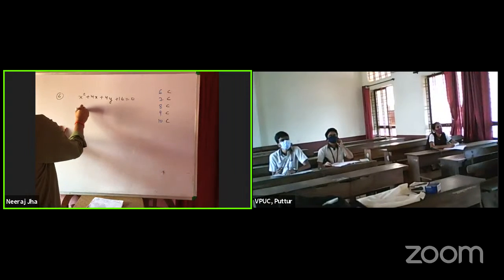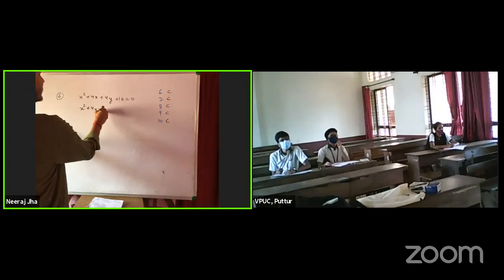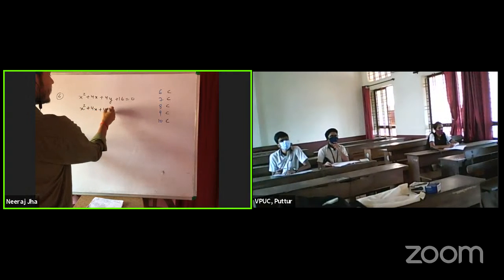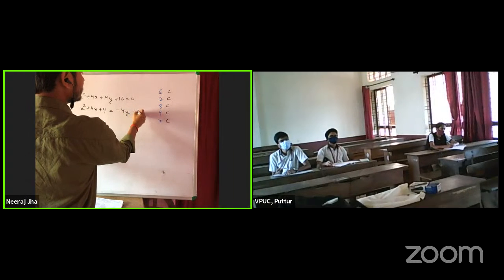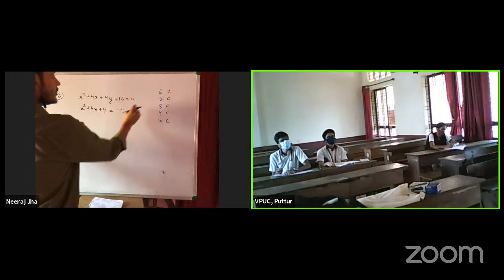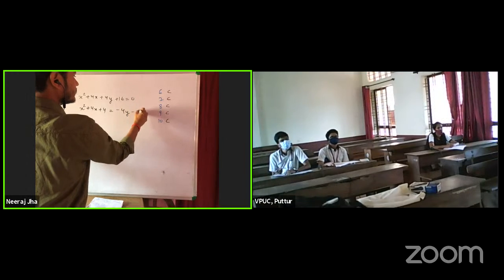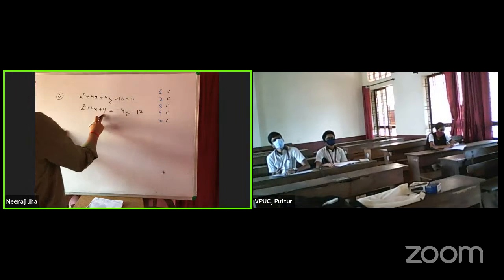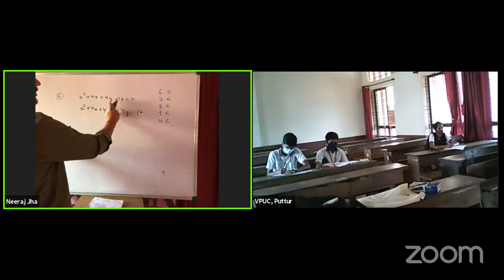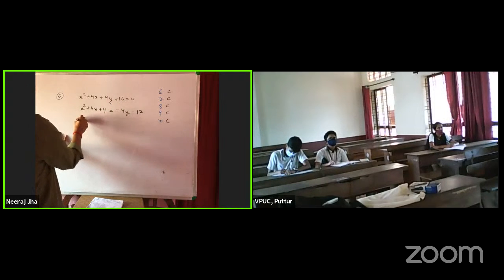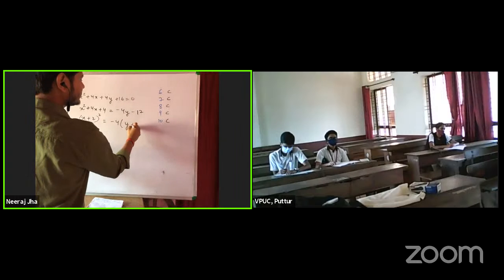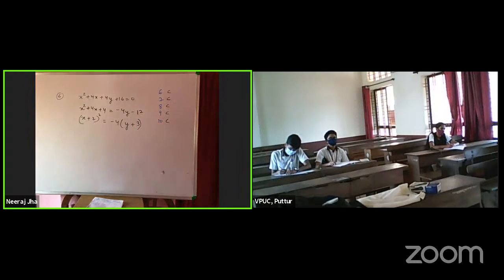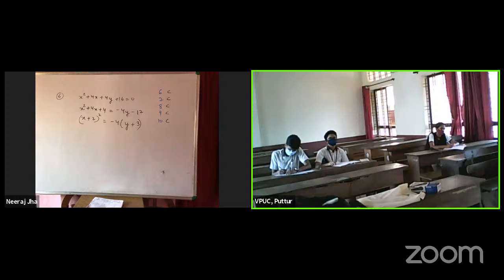So x square plus 4x plus 4 is equal to minus 4y minus 12. We have taken the 4 from 16 to this side and 12 to this side. So this is (x plus 2) whole square is equal to minus 4 into (y plus 3).